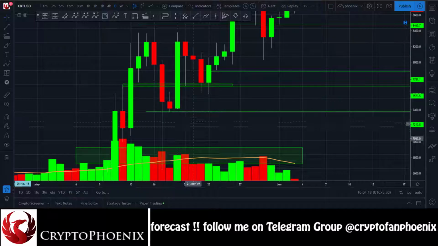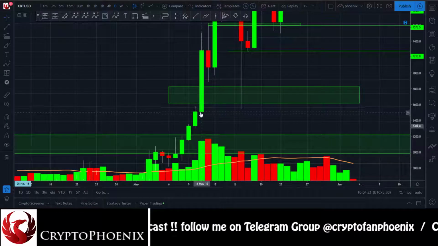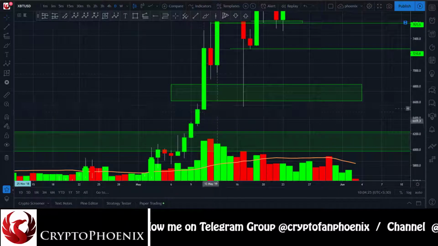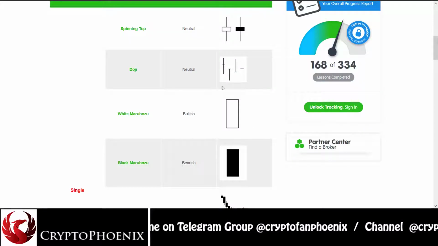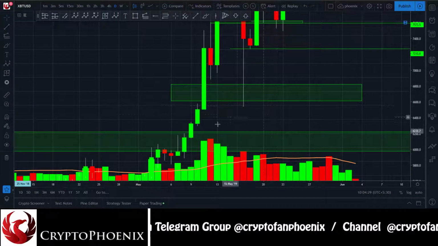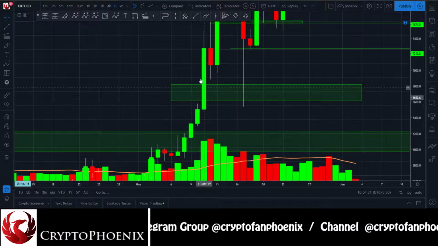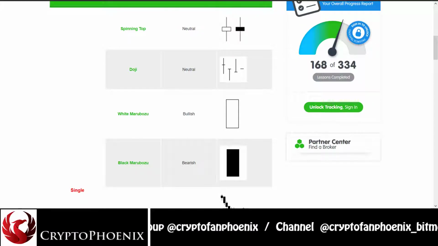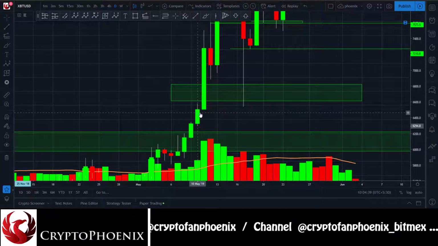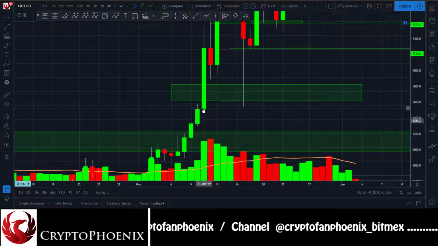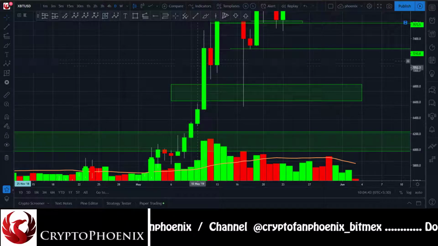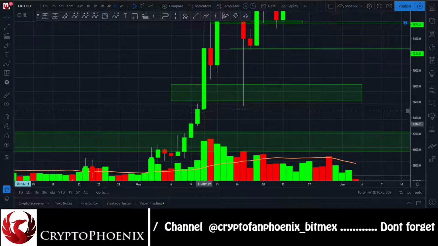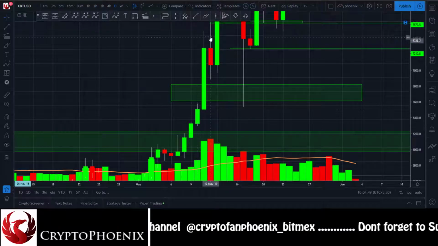Whenever you find such candles, you can't find an absolute example of a marubozu, but you can take this sort of example as a marubozu. As soon as the market starts right from this candle and there is no sudden rejection from the bear side, this is a completely bullish sign.